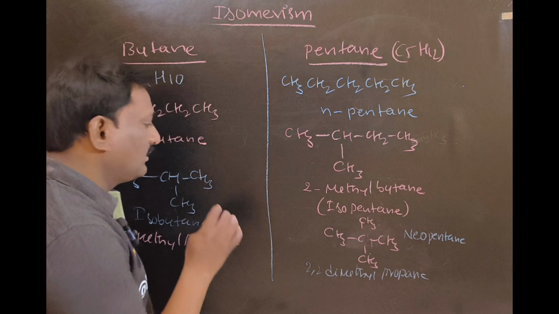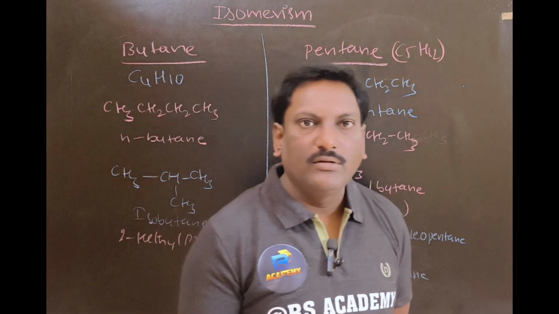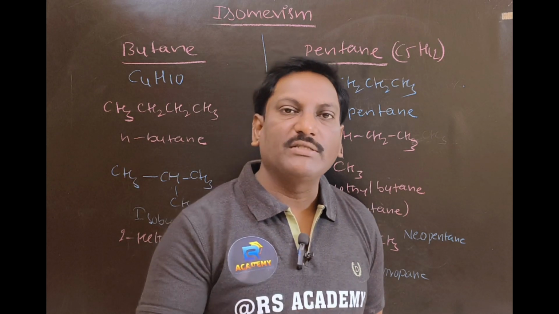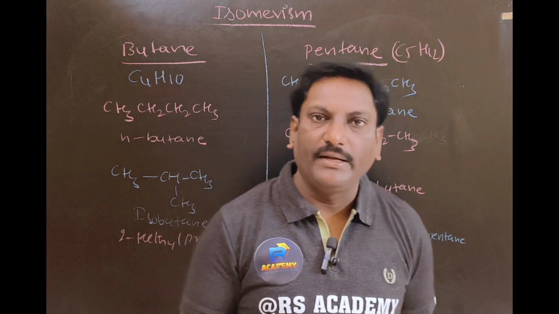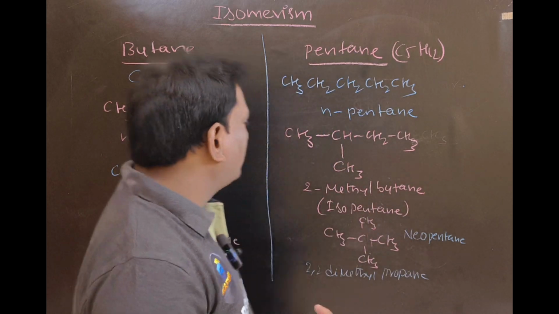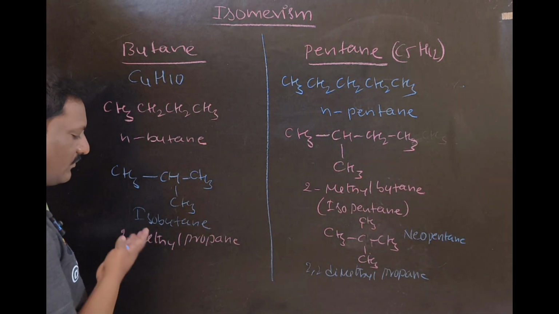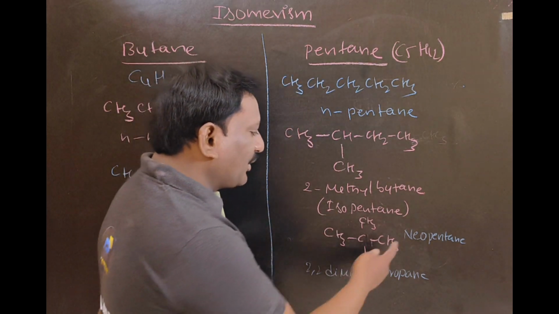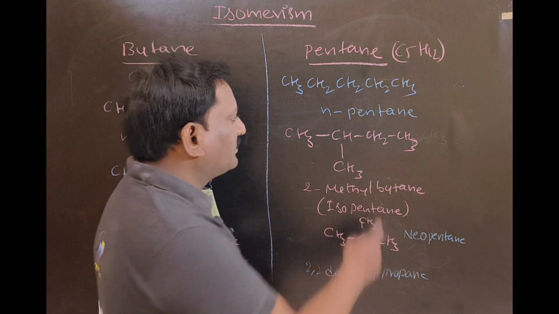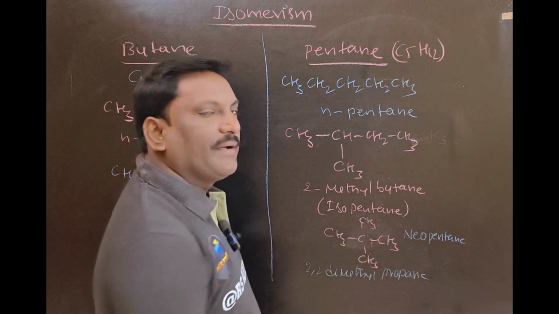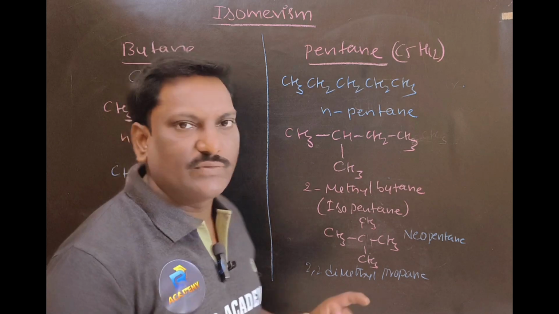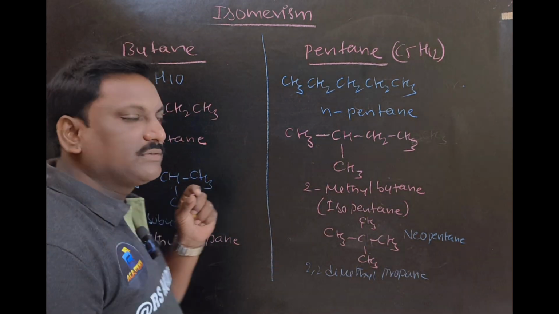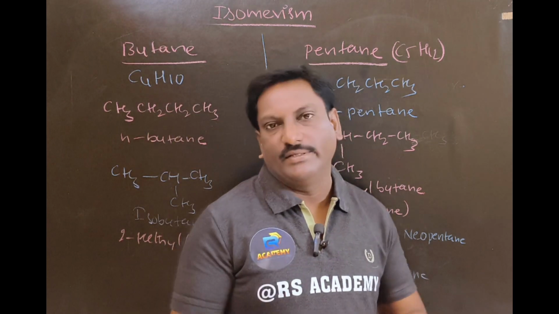You will get questions in the examination like this: how many chain isomers can be drawn for pentane, how many structural isomers can be drawn for pentane, what is the isomer of butane? 2-methylpropane is the isomer of butane. What is the IUPAC name of neopentane? What is the IUPAC name of isopentane? So this is a few words about chain isomerism.